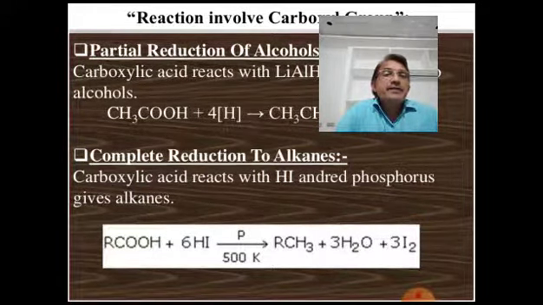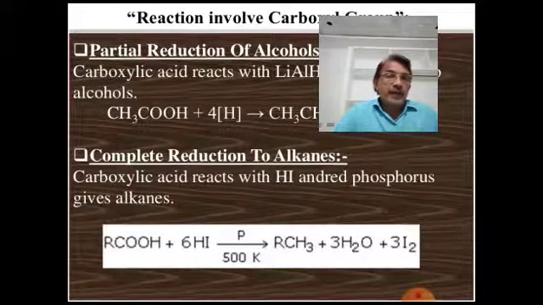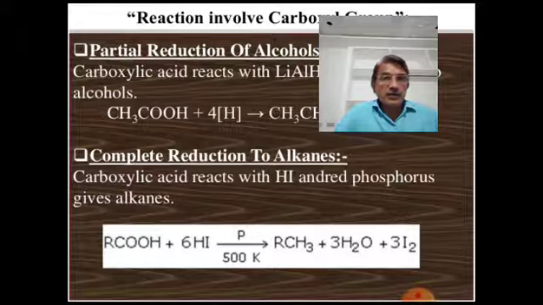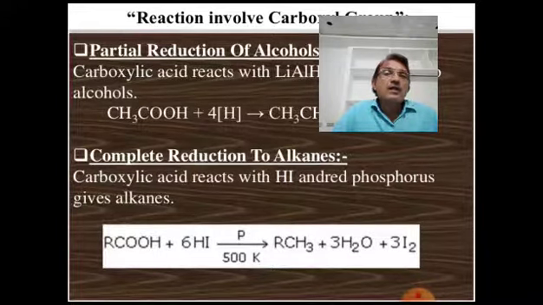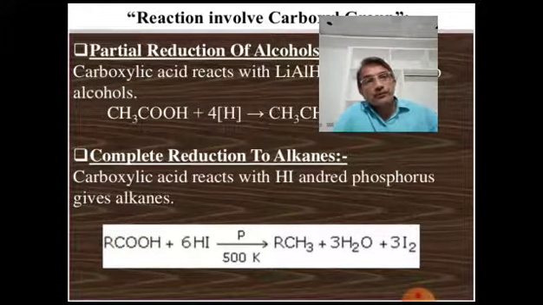Whereas complete reduction of carboxylic acid gives alkane. Carboxylic acid reacts with hydrogen iodide and red phosphorus to give alkanes. RCOOH plus 6HI at 500 Kelvin with red phosphorus gives RCH3 plus 3H2O plus 3I2.